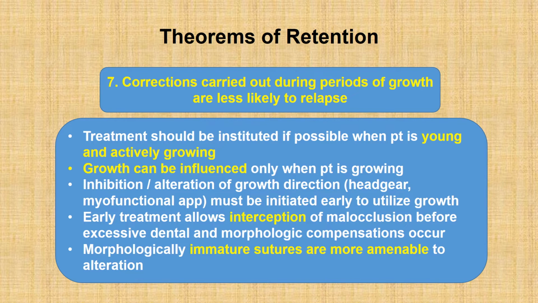Inhibition or alteration of growth direction using headgears and myofunctional appliances should be done during the growth period. So this also means that it is preferable to do interception, which enables corrections to be done before excessive dental and morphological compensations occur in the dentition.